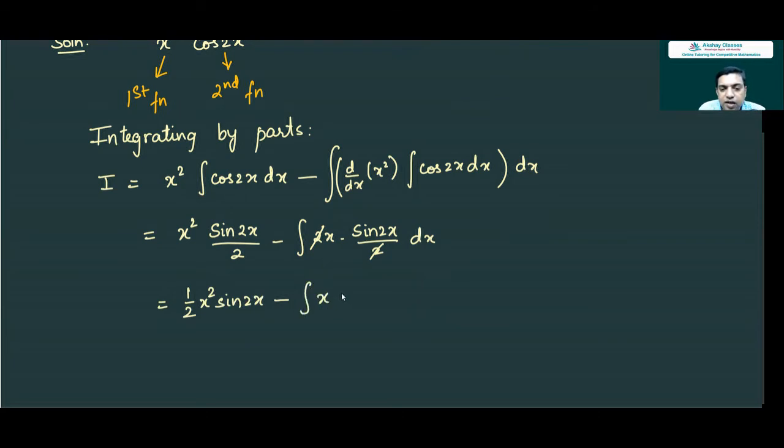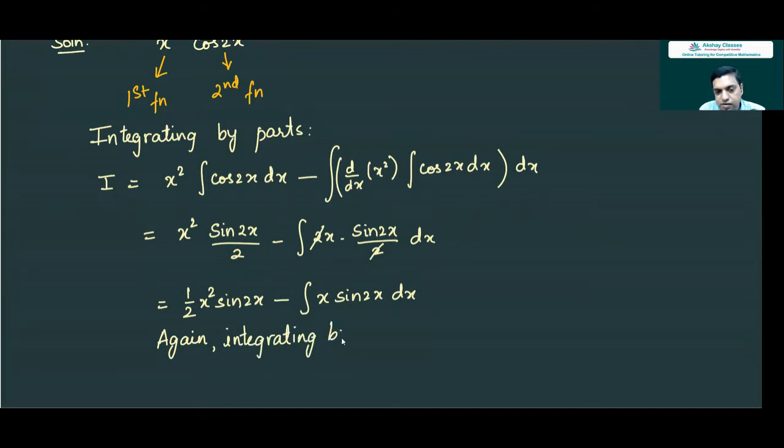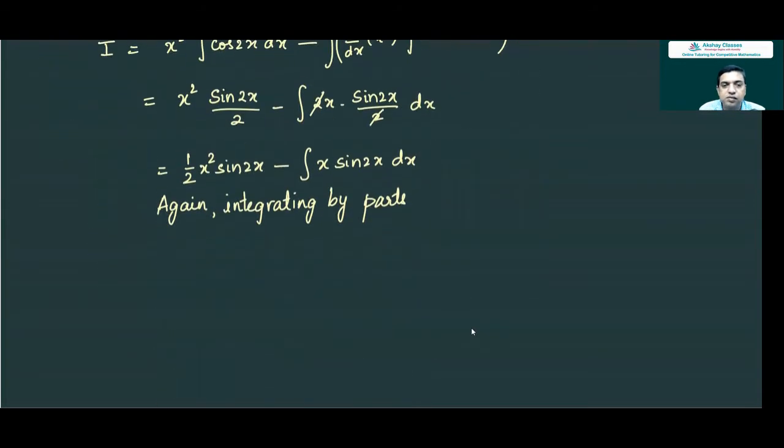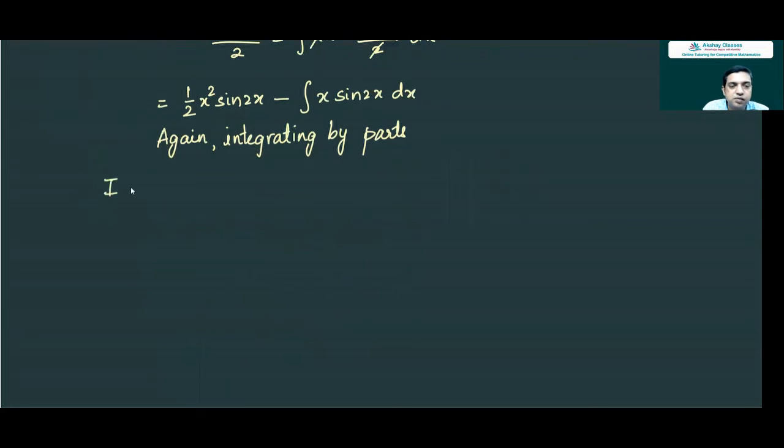Now again, you get x and sine 2x. Again, we have to do integration by parts. Half x square sine 2x minus, in a big bracket, first function into integral of the second.